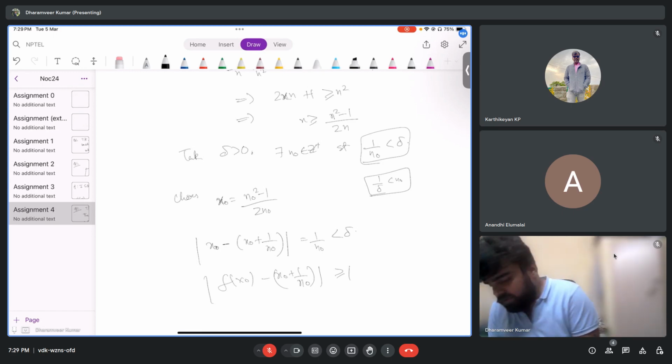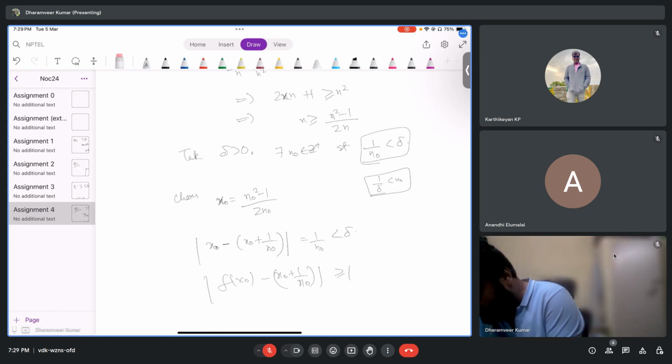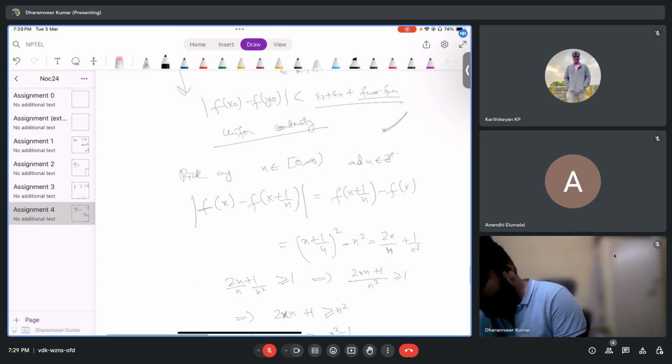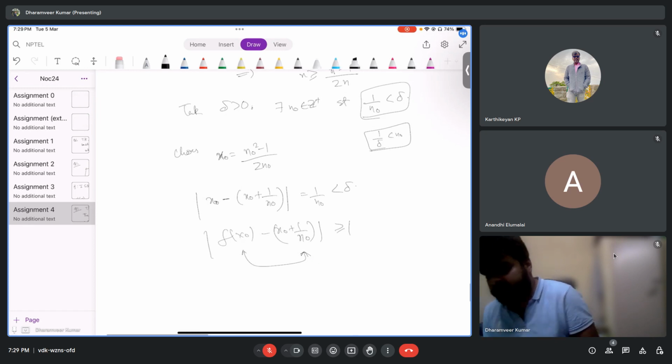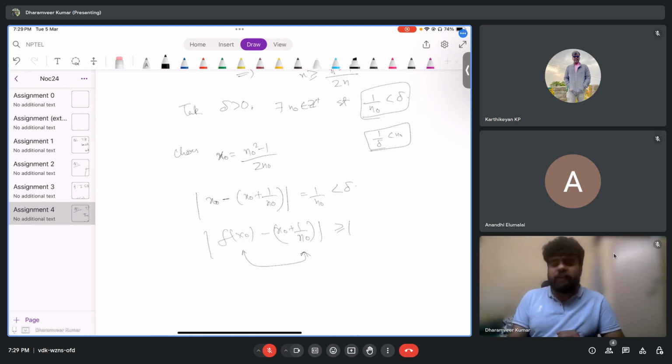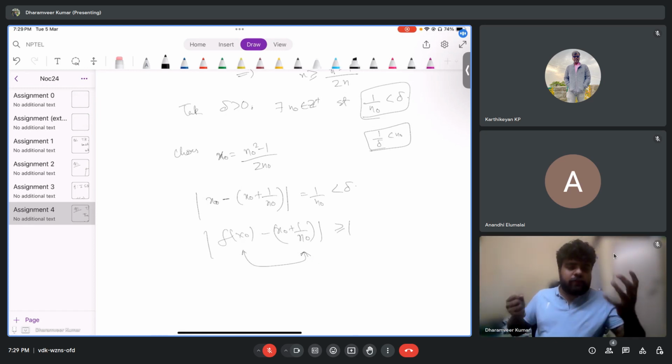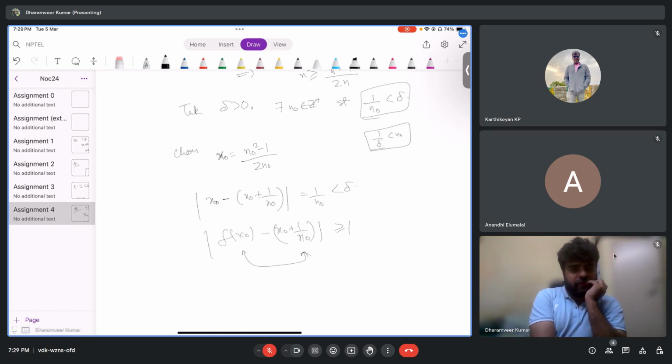So you are taking 2 points based on n naught: some x naught greater than this, and some n naught, and you are showing that this is greater than 1. So it cannot be valid for any epsilon, right? Do you understand my point?